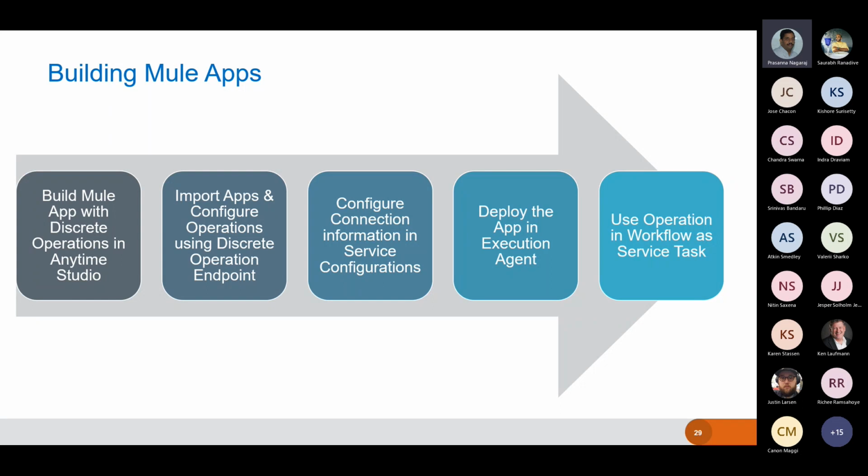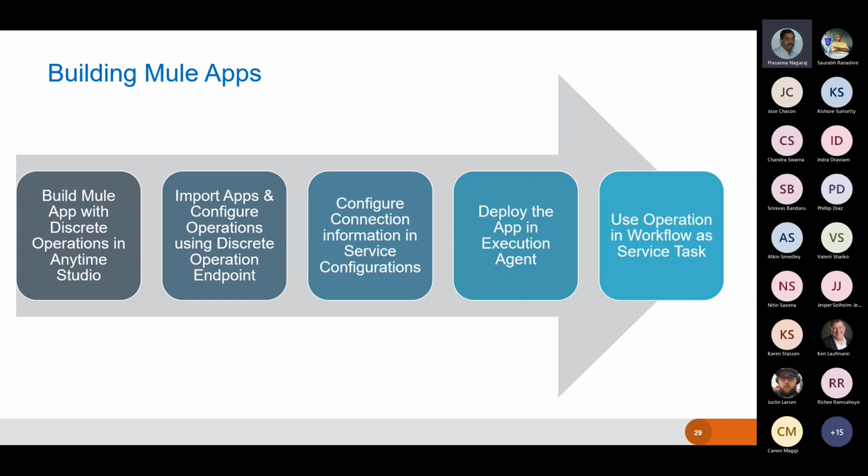Okay, so these are the main elements to build the Mule app. To build the Mule app with discrete operations, you would need Anypoint Studio, I think with a typo there. And then import the app and configure operations using the discrete operation endpoint. So you will have to import the apps which we have built in Anypoint Studio, and then configure operations.